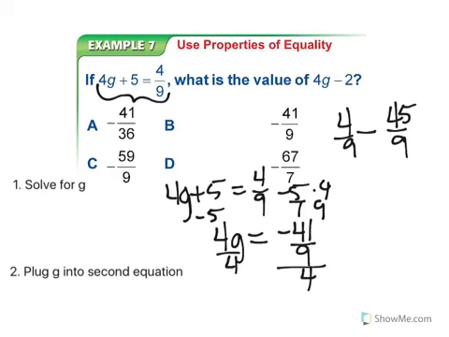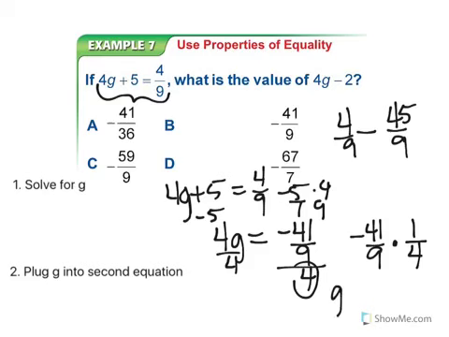Okay. Last thing we need to do is take g and divide it by 4. Here we have a complex fraction. So what we need to do is take the bottom number, flip it, and multiply by the reciprocal. So here we're actually going to take negative 41 over 9 and multiply it by 1 over 4. So we flip the bottom and multiply straight across.